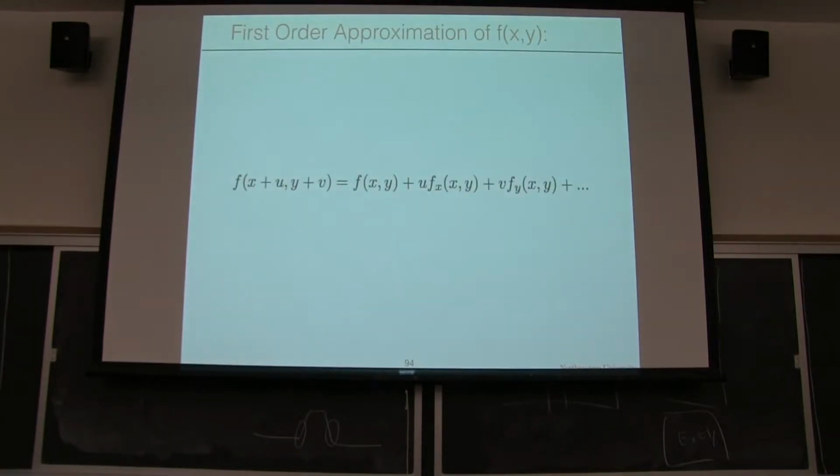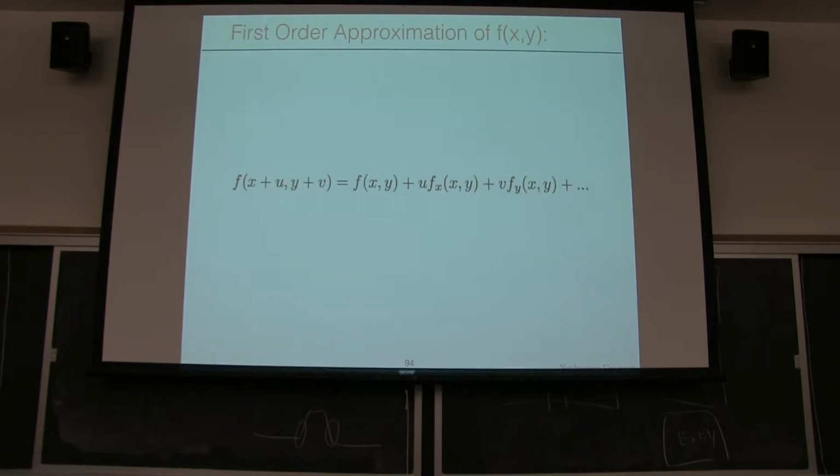All right, so let's start by looking at the Taylor series expansion. What I have here is a function of two variables, X and Y, and I'm moving the place I'm looking at the function a little bit. I move a little bit in the X direction and a little bit in the Y direction. How much?